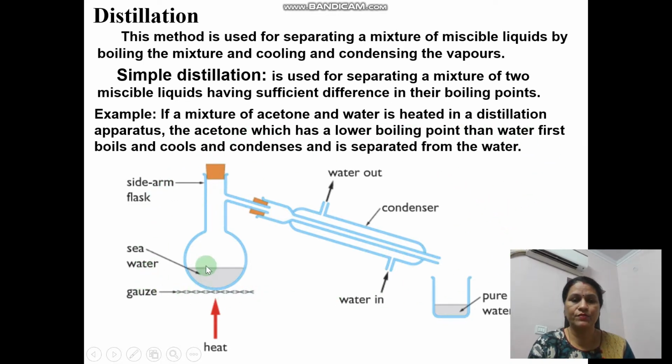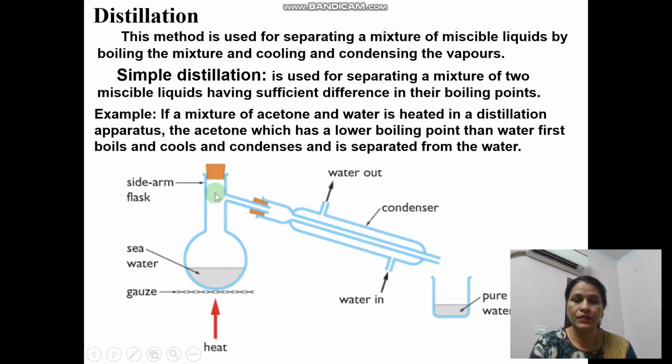In this diagram they have shown seawater, but let's imagine that here there is a mixture of acetone and water. We know acetone's boiling point is less. So acetone will attain the boiling point and its vapor will rise up, and cannot go out because there is a cork.